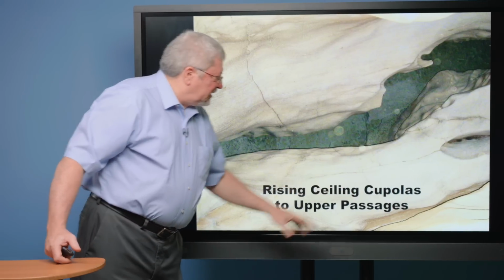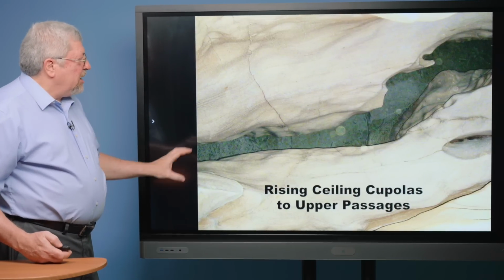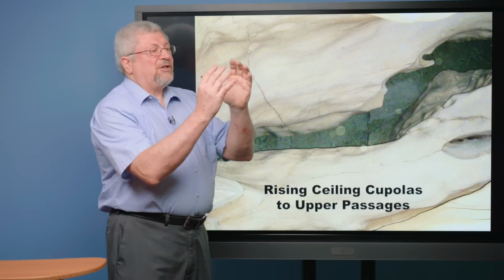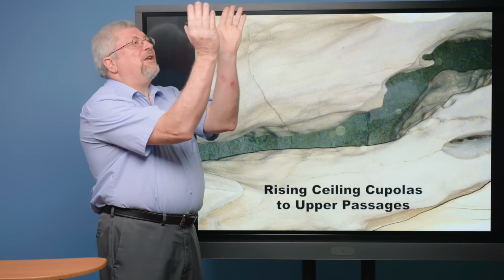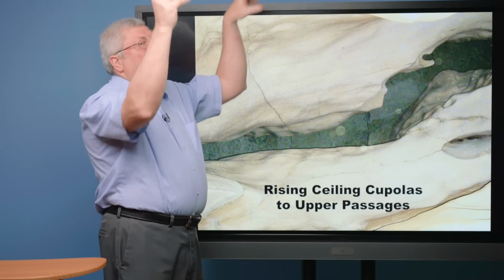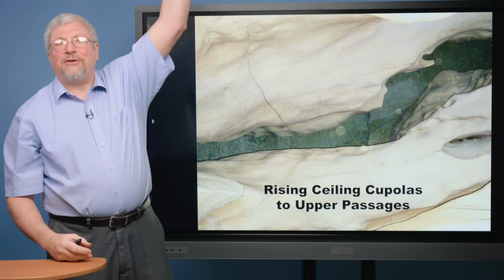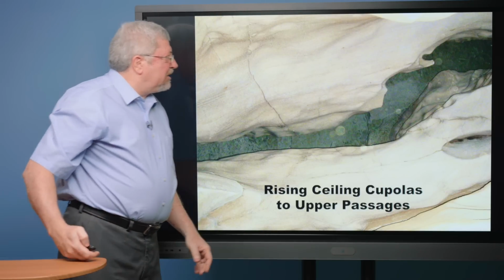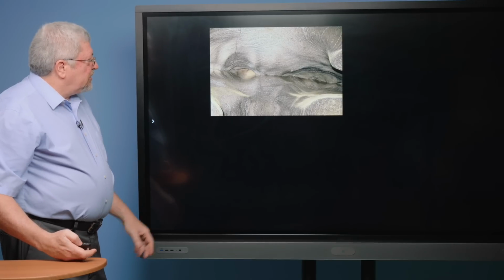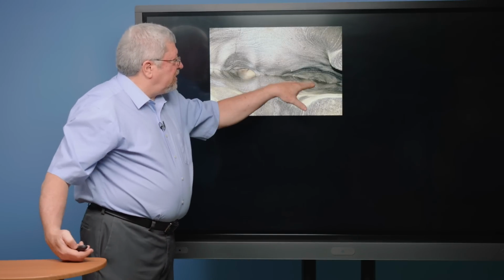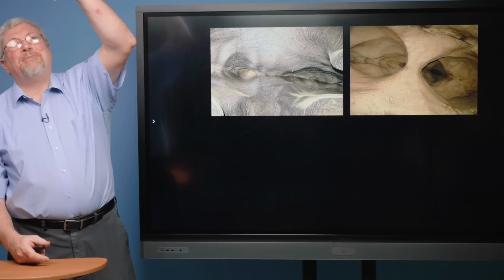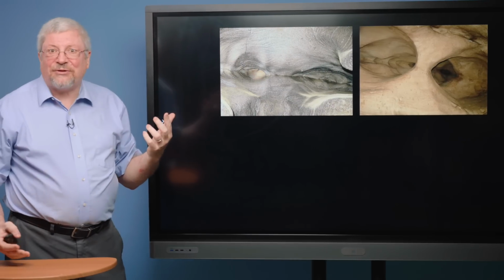Those cupolas would sometimes open up into another story, like a second story, third story, fourth story, and there would be another layer of cave up above. And this is the rising channels, rising cupolas, and it's opening into a passage that I actually mapped directly above it, and I saw that several times.